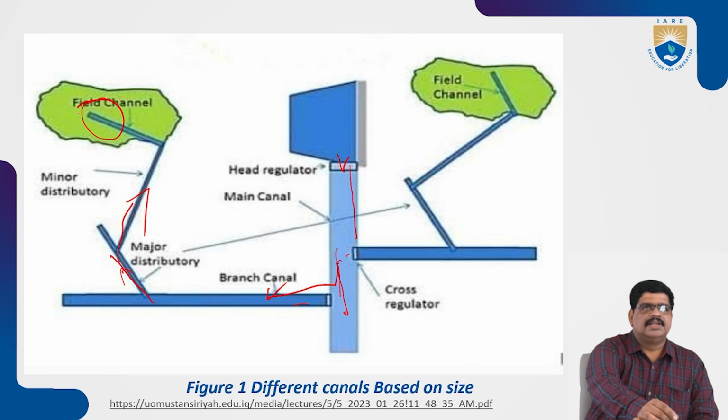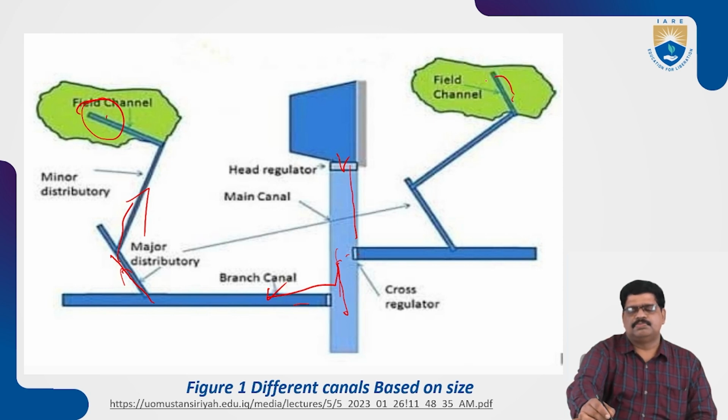Again it can go to a field channel. The field channel is actually a small canal for direct irrigation of the fields. So that is the process from the reservoir to the main canal, main to branch canal, and major distributary to minor distributary canals from the head regulators.